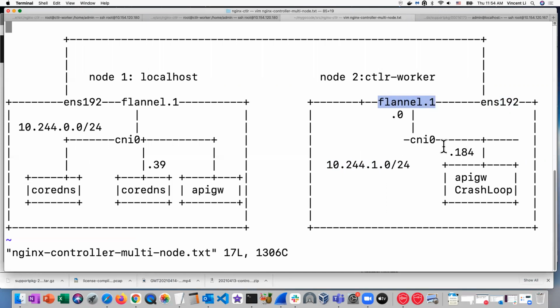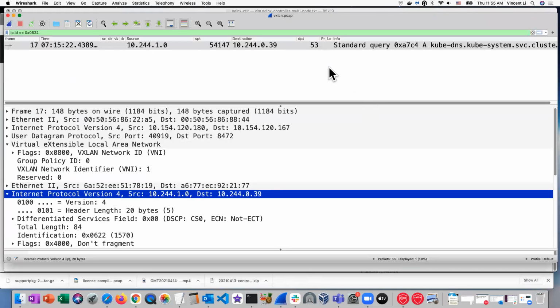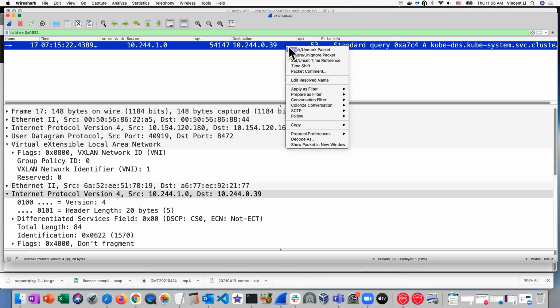So when the packet passes through this bridge interface, coming here through the physical interface, the packet is encapsulated and the source address is changed to the IP address on this flannel VXLAN interface. All right. So let's follow the UDP stream.